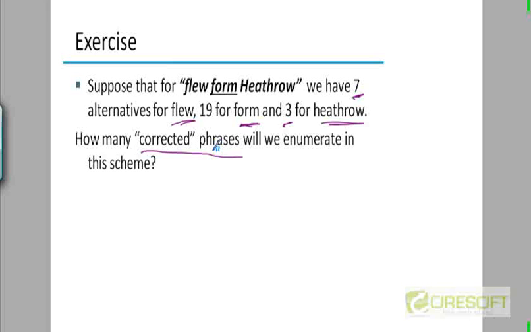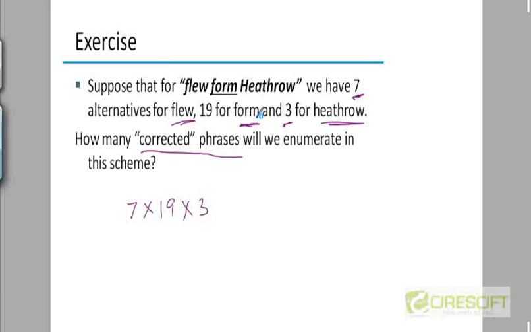Okay, if it's only one at a time, well, what I described was a combination. So you'll take this, combine it with any of this and with any of this. So that would be 7 times 19 times 3. 399, sir. 399. Okay, yeah. So that will be the product of these three.